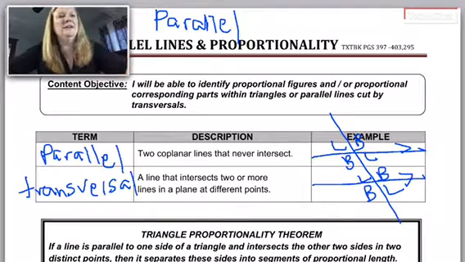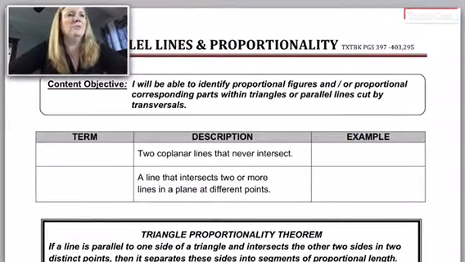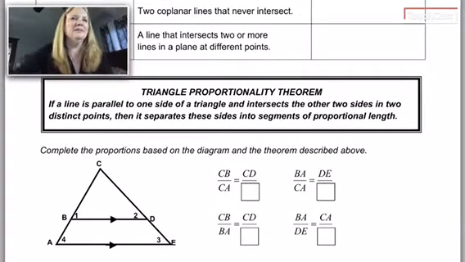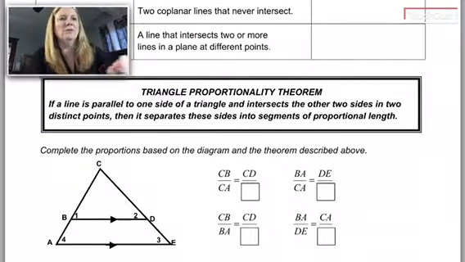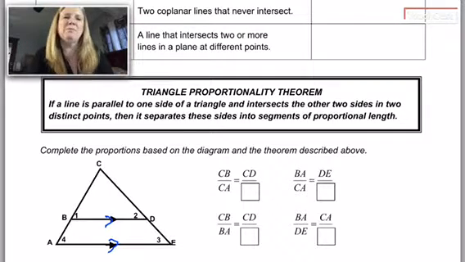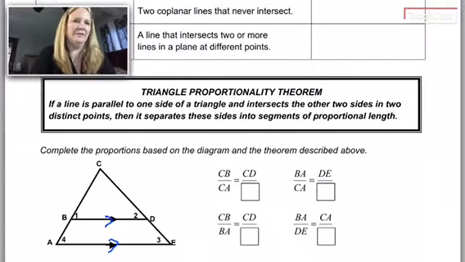Okay, so now let's look at the triangle proportionality theorem. It says if a line is parallel to one side of a triangle and it intersects the other two sides in two distinct points, then it separates these sides into segments of proportional length. So in other words, when we have a triangle and you have these parallel lines here, there are many proportional relationships that it creates.